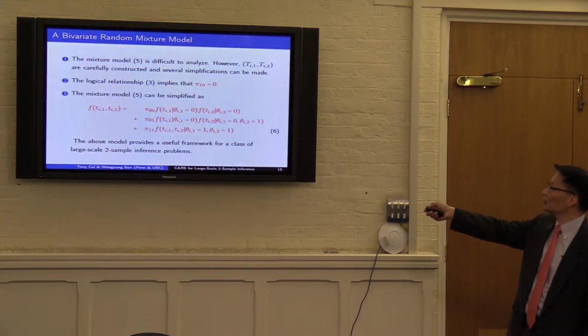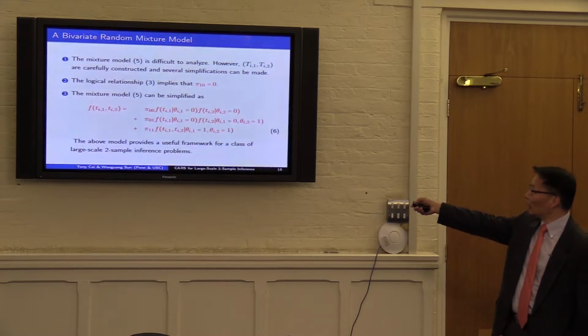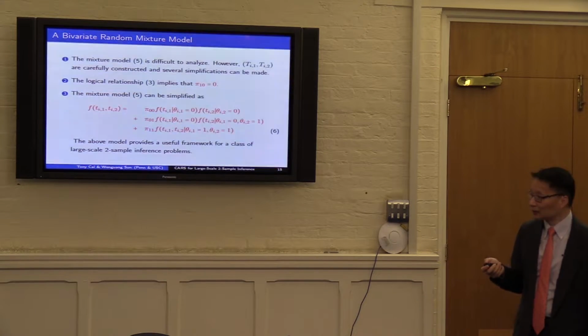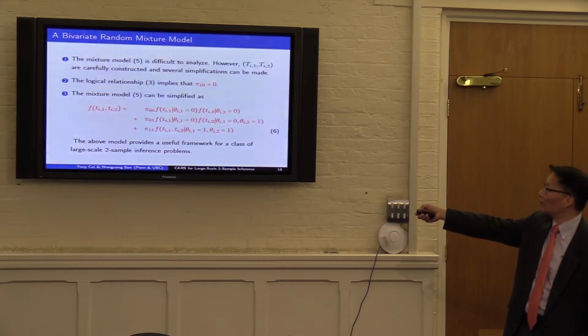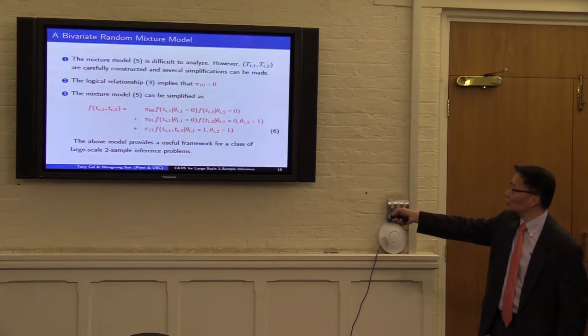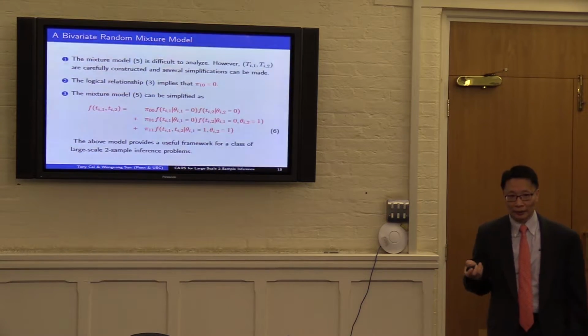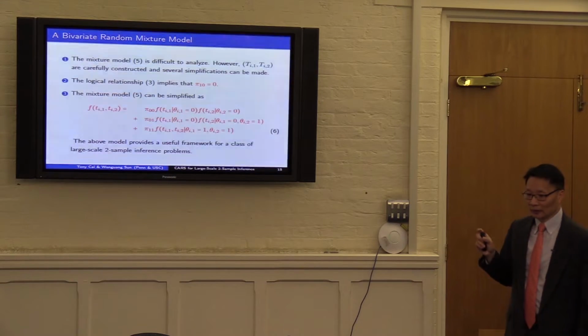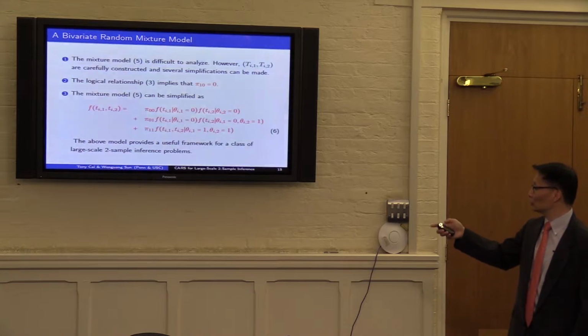And not only that, under the null, when both of them are 0, we have independence. And if we have independence, then the joint density can be factored out. So after some analysis, the original 4-component mixture can be written as a 3-component mixture. And this will be a useful framework for us to make inference.